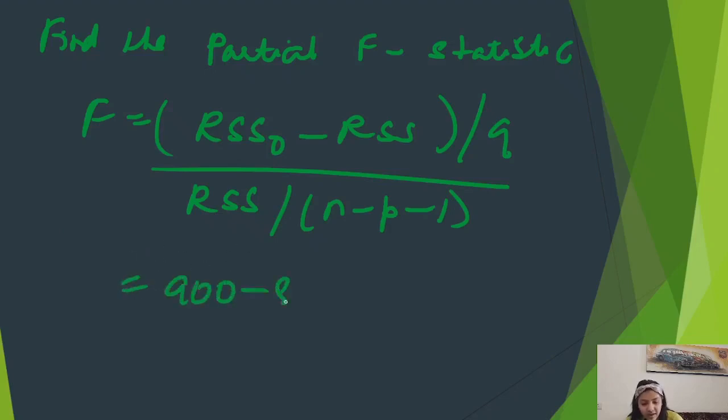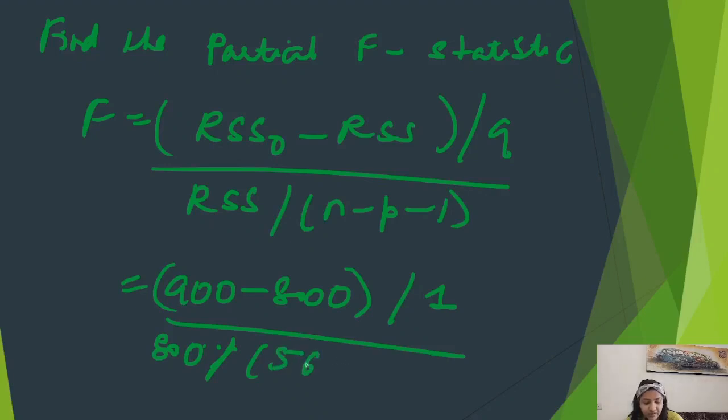Substitute the values. RSS naught is 900, RSS is 800. Q is 1, RSS is 800 divided by number of observation is 60 minus 3 minus 1, which is 56. Now compute the value. My F value comes out to be 7.0 value, right?